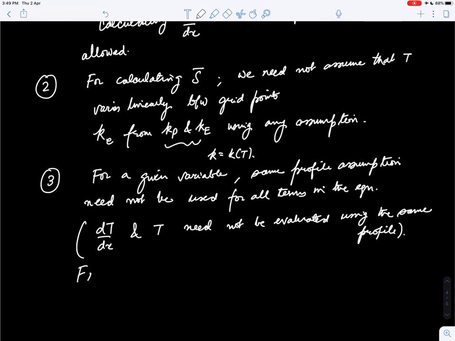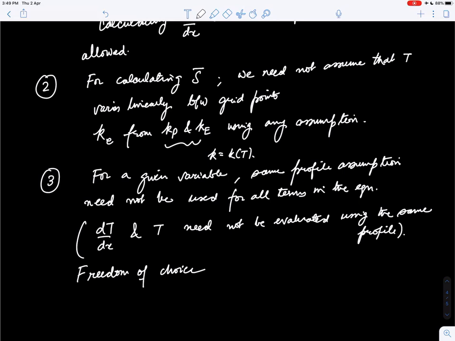So there is a freedom of choice in choosing how you want things to vary, or how you want to simplify your governing equation when you go to the integral form, and from the integral form to the discretized form.